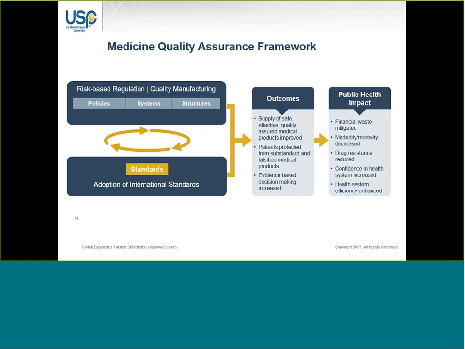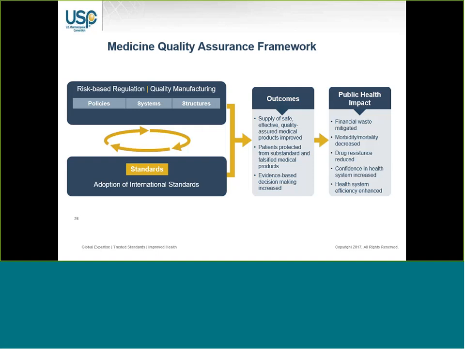One of the challenges that I often had is how do you connect all this to true public health impact? And now we are beginning to see data increasingly that when the medicine quality assurance system is functioning very well, you ultimately have reduced wastage, reduction in financial waste. And then ultimately there is a decrease in morbidity and mortality.